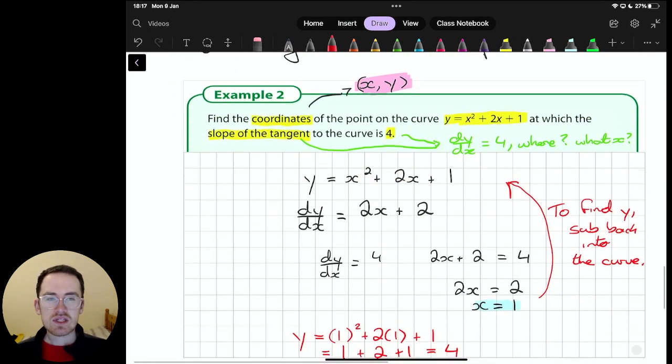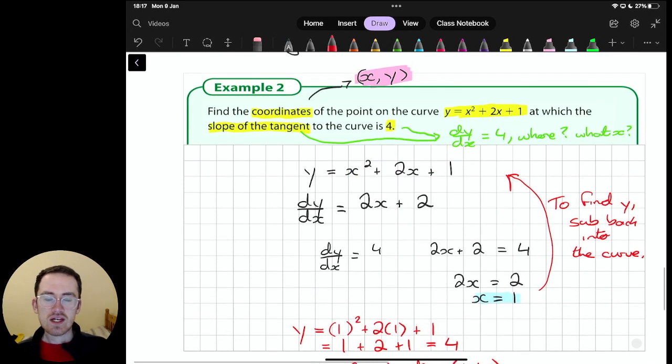The key thing with this section is really trying to grasp that understanding of dy dx as being the slope, but the slope of the tangent to the curve. And then using that combined with our knowledge of coordinate geometry of the line and the equation of a line in order to find the equation of that tangent. That's pulling all these ideas together. If you really focus on that understanding, you'll be able to glean this from the questions.